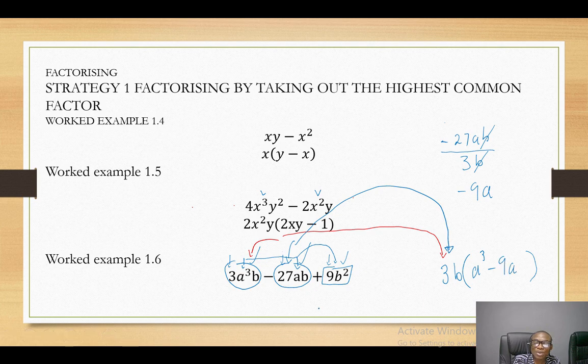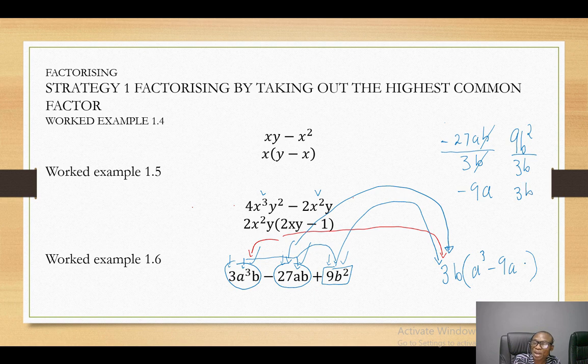The last term is 9b squared, which you also divide by 3b. 9 divided by 3 is 3. B squared divided by b is b.